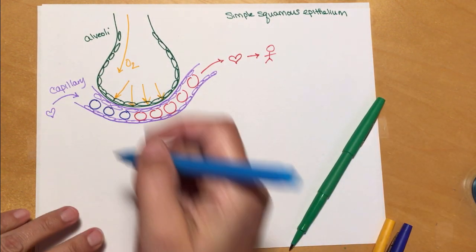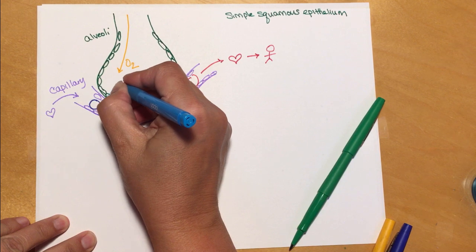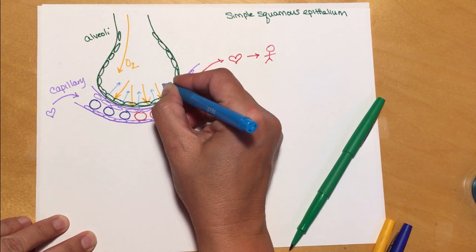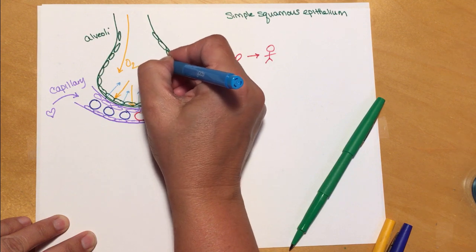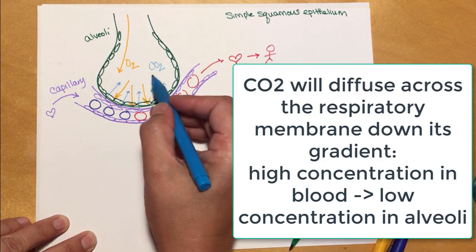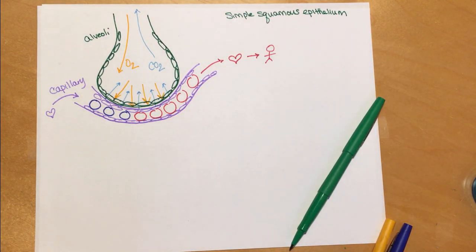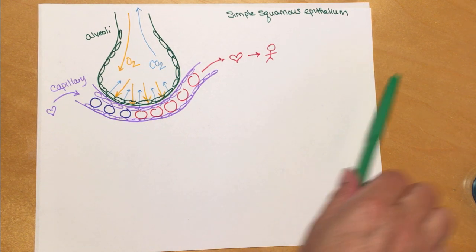At the same time, we have something leaving the blood: that waste product that we talked about, CO2. CO2 is going to be leaving the blood and leaving the alveoli on its way out to be expired out of the body as waste.